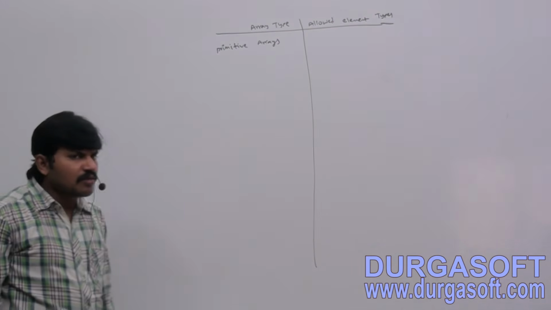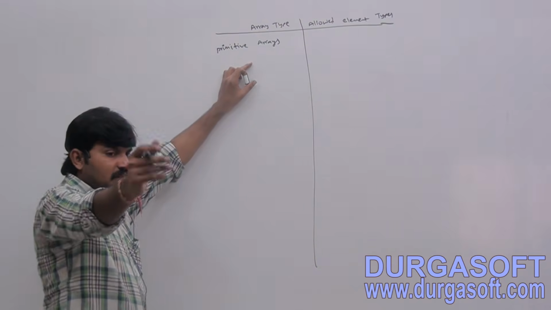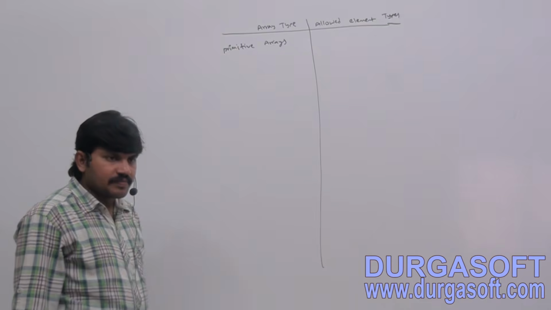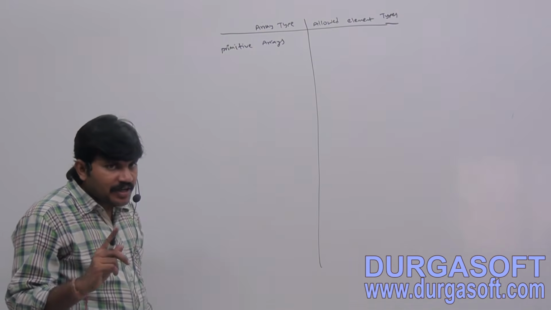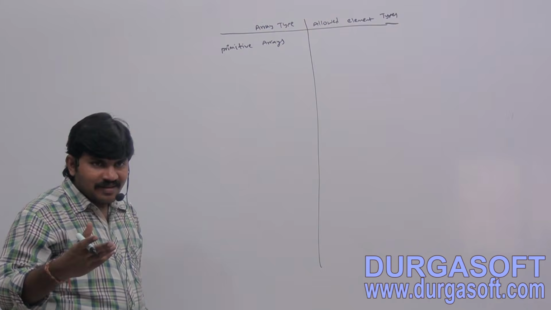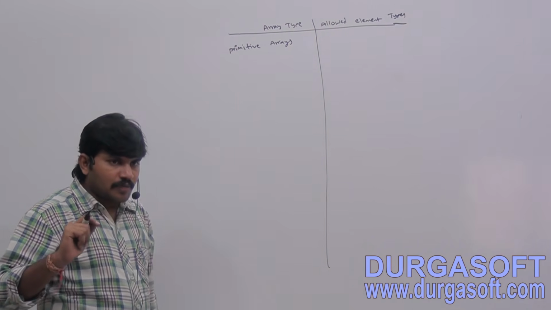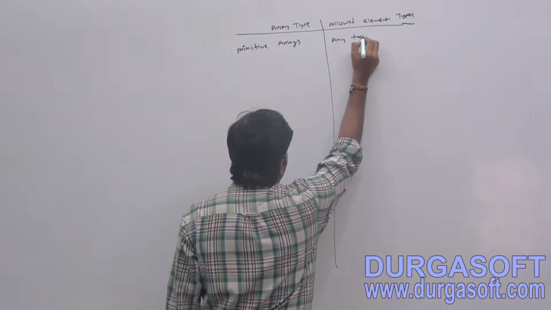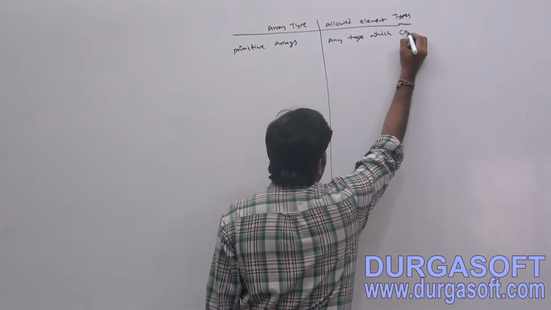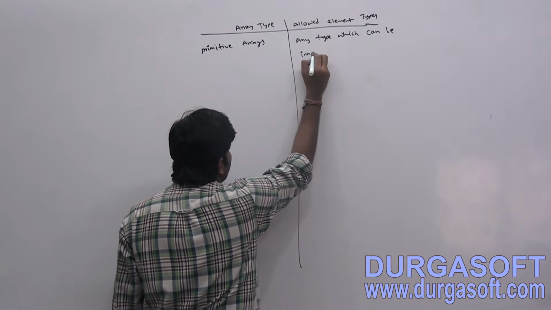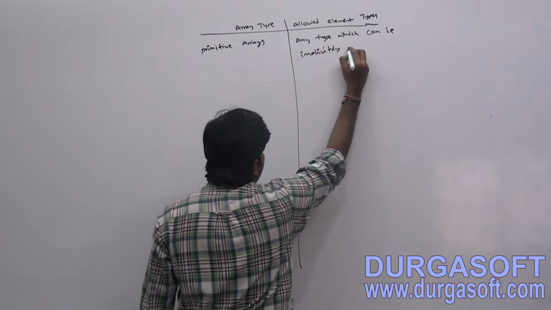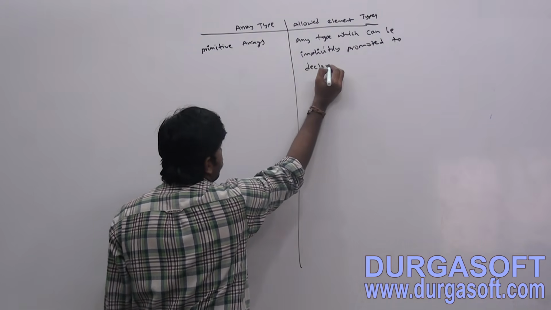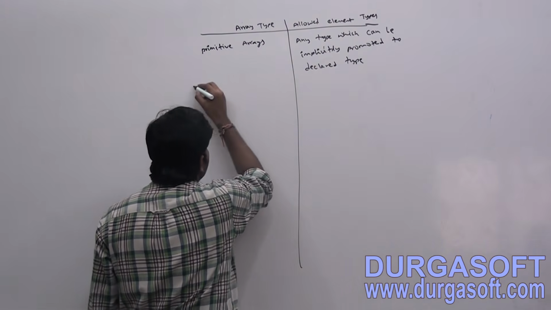Which data type elements are allowed for this array? In the case of primitive type arrays, as array elements, we can provide any type which can be implicitly promoted to the declared type.